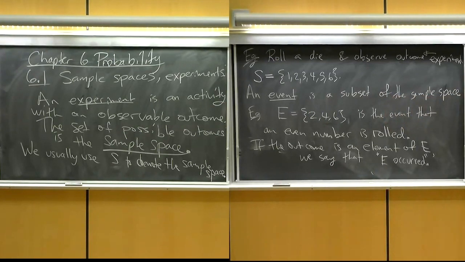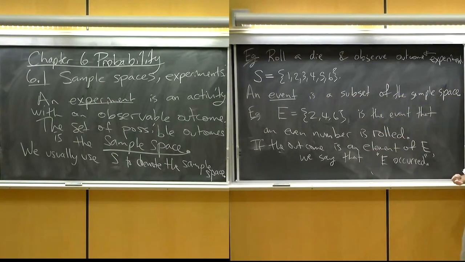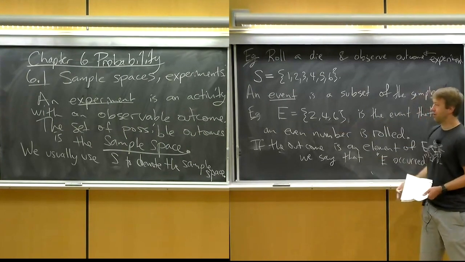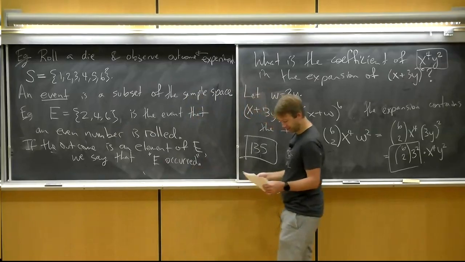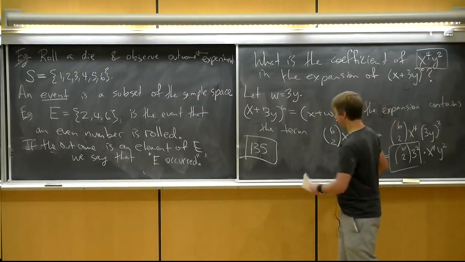Okay. So suppose I do this experiment, what's the probability that E occurs? Well, in this case, it'd be 50%, right? If it's not a weighted die or something. So what it means for E to occur is that the number is even.